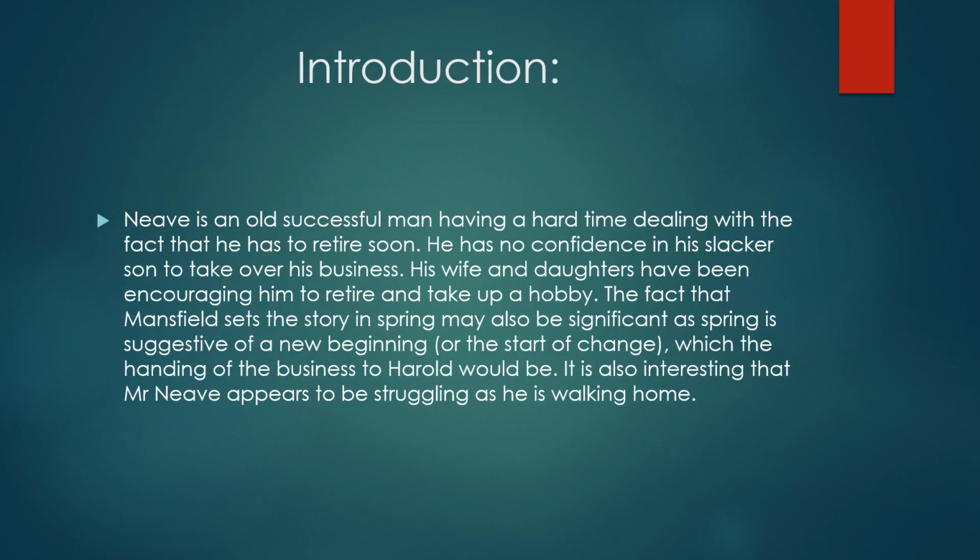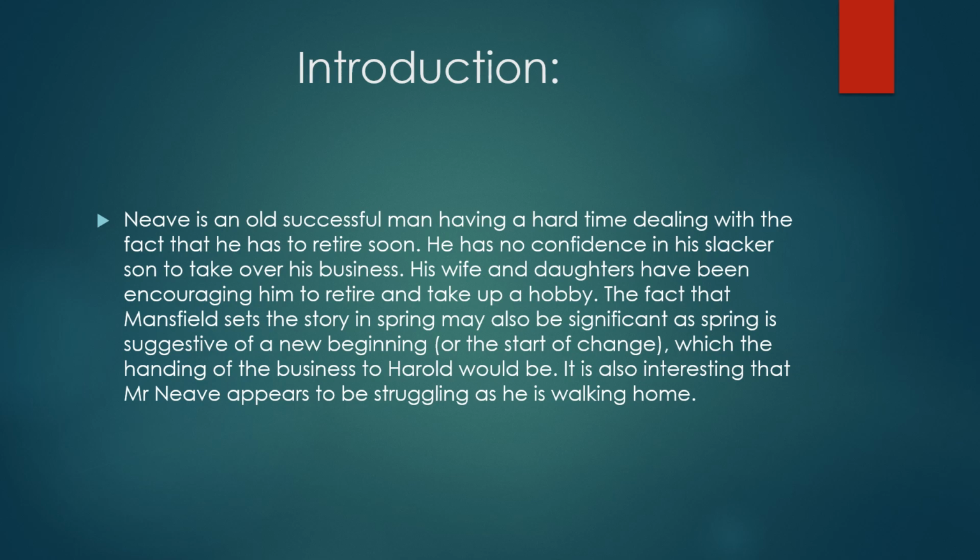Neave is an old successful man having a hard time dealing with the fact that he has to retire soon. He has no confidence in his slacker son to take over his business. His wife and daughters have been encouraging him to retire and take up a hobby. The fact that Mansfield sets the story in spring may also be significant, as spring is suggestive of a new beginning or the start of a change, which handing over the business to Harold would be.